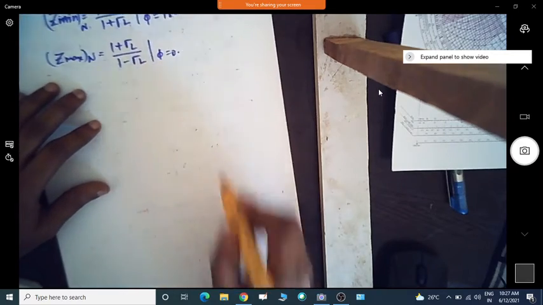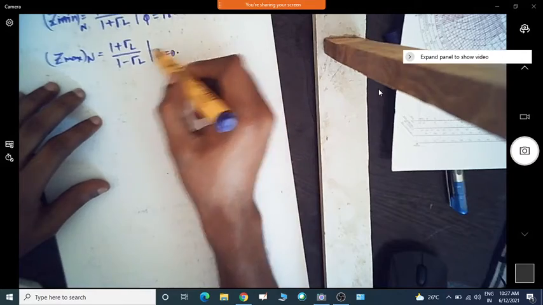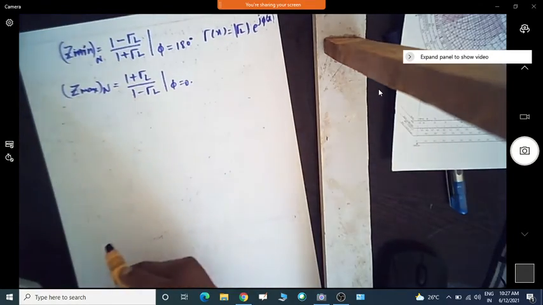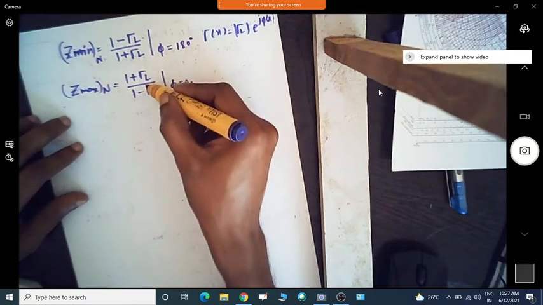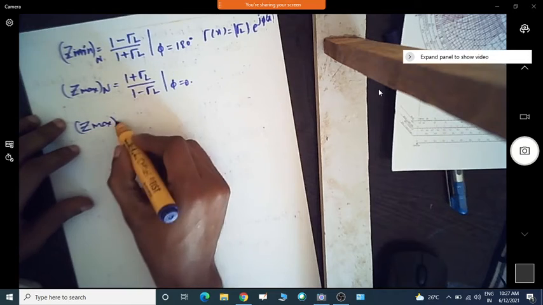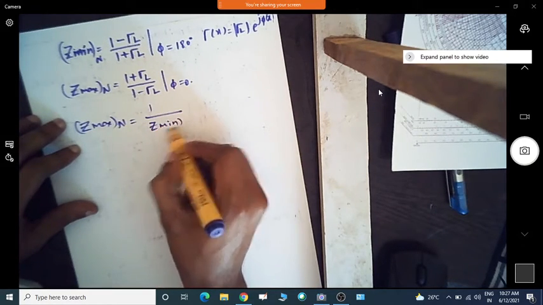Where phi equals 0, we get the maximum value, and where phi equals 180 degrees, we get the minimum value. Since we have the inverse relation, we can write normalized z max equal to 1 over normalized z minimum.